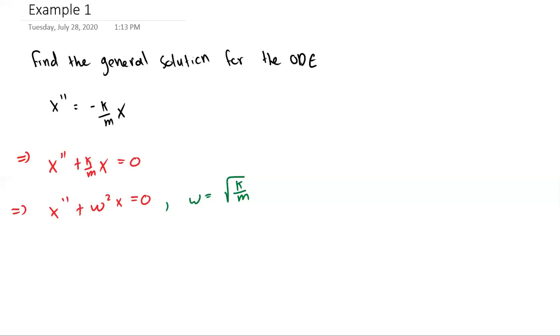Now, one thing to note here: remember that this k, as I mentioned, comes from Hooke's law. So F, the restoration force, let me call it F sub k, is proportional to the amount the spring is elongated. And remember, proportional meant a scalar multiple of that, so that's where we got ks, where s is the amount elongated.